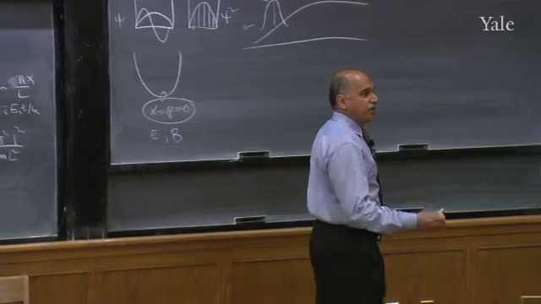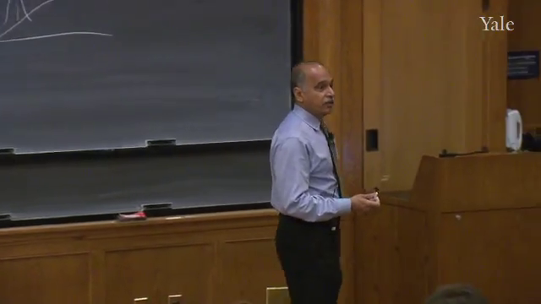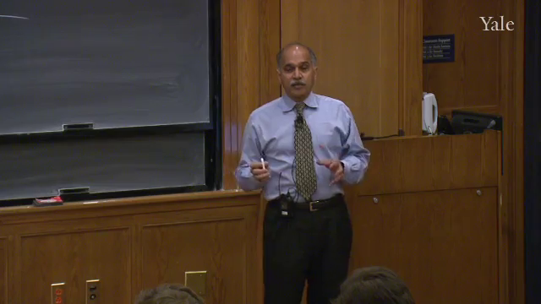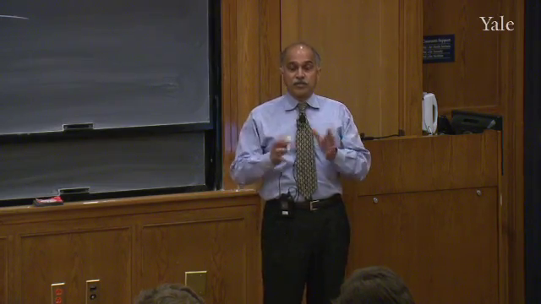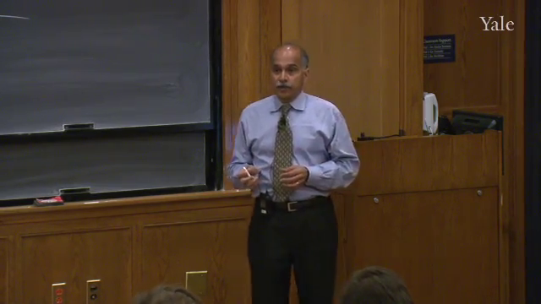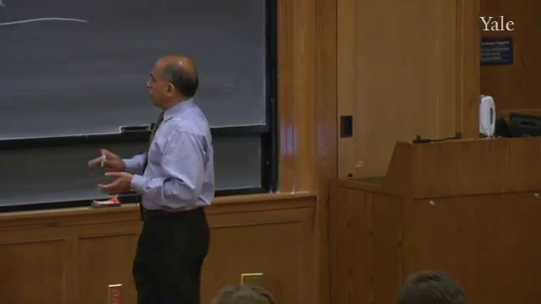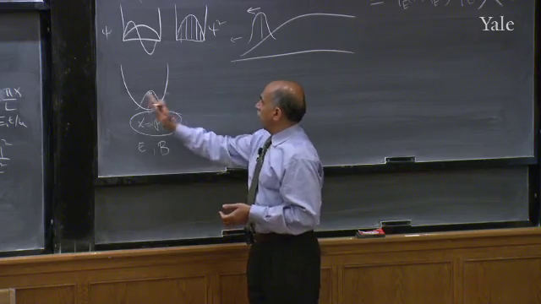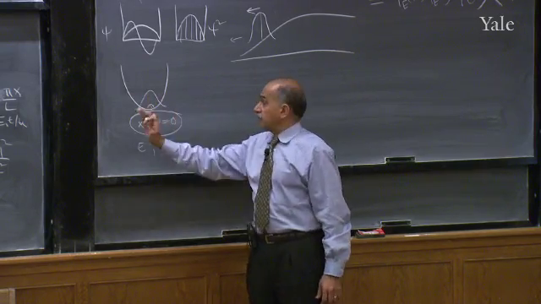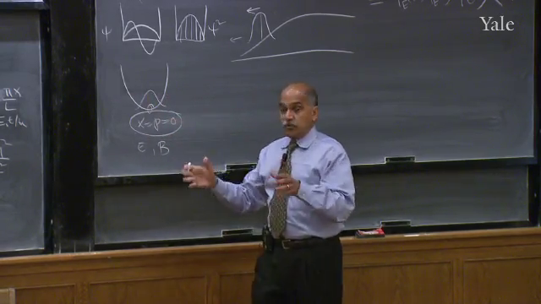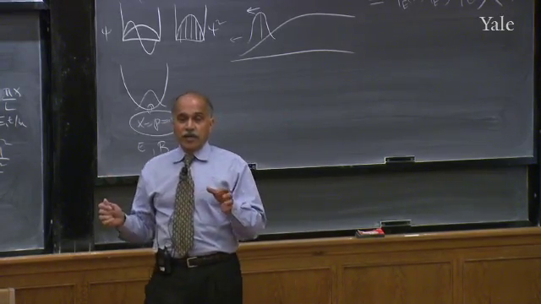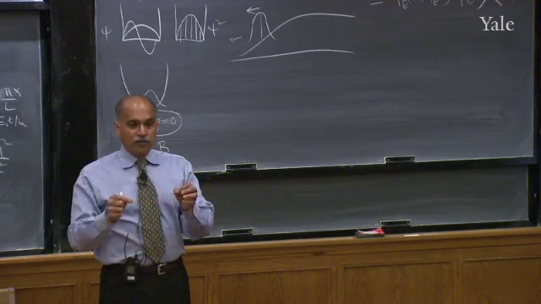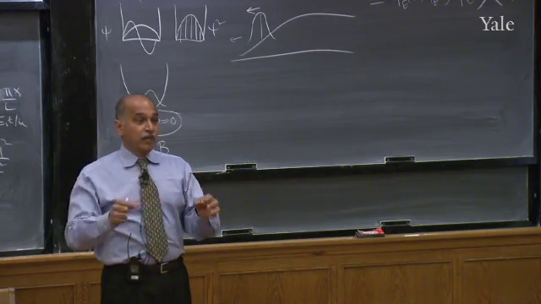That means a state of definite E is not a state of definite B. A state of definite B is not a state of definite E. It looks that way in the macroscopic world because the fluctuations in E and B are very small. Therefore, just like in the lowest energy state, an oscillator has got some probability to be jiggling back and forth in X and also in P, the vacuum, which we think has no E and no B, has small fluctuations. Because E and B both vanishing is like X and P both vanishing, not allowed.